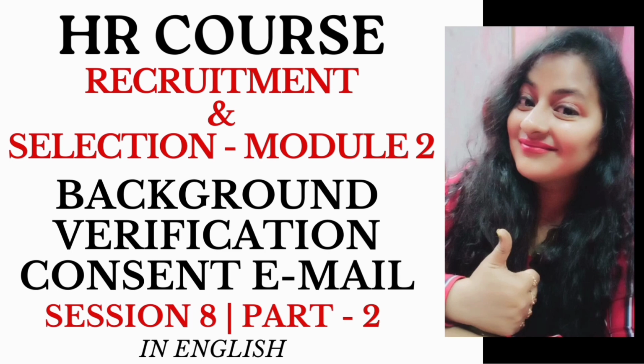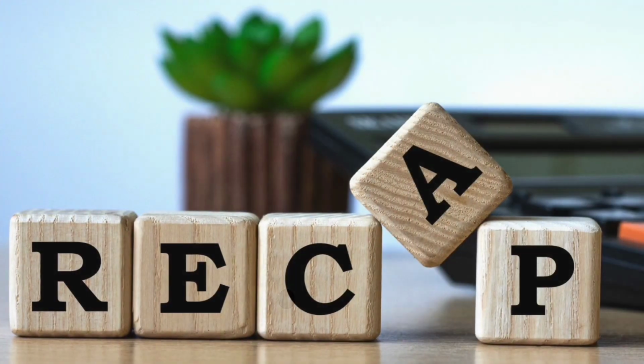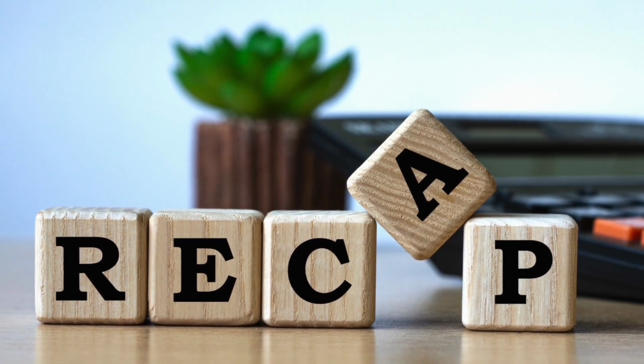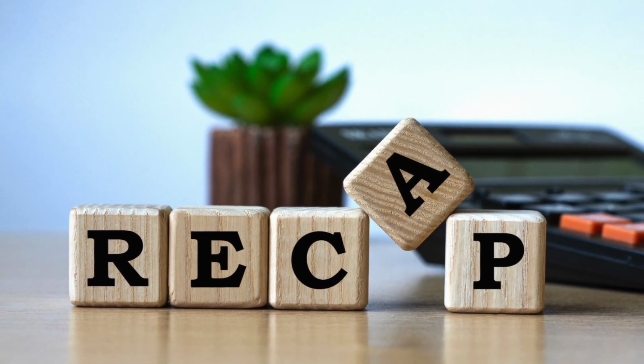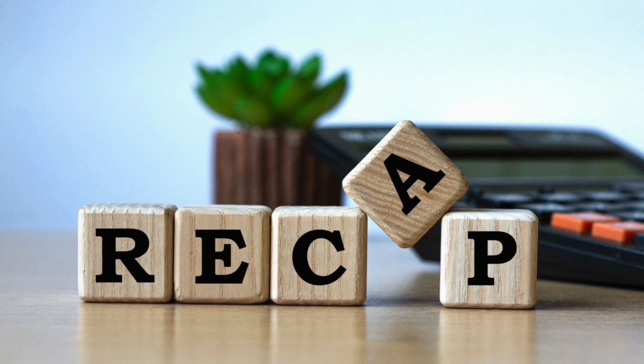This is HR course module 2, session 8 and part 2. Yes, this is part 2. We discussed in the last session, part 1, the background verification process, like what is background verification and what all we need to verify in background verification.